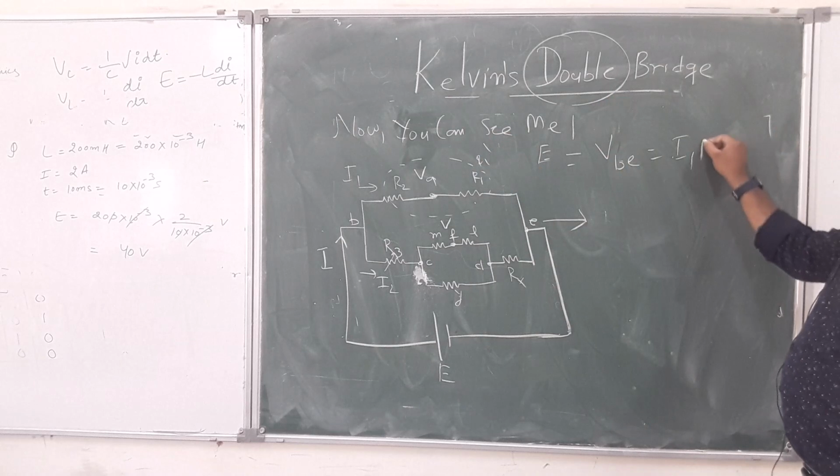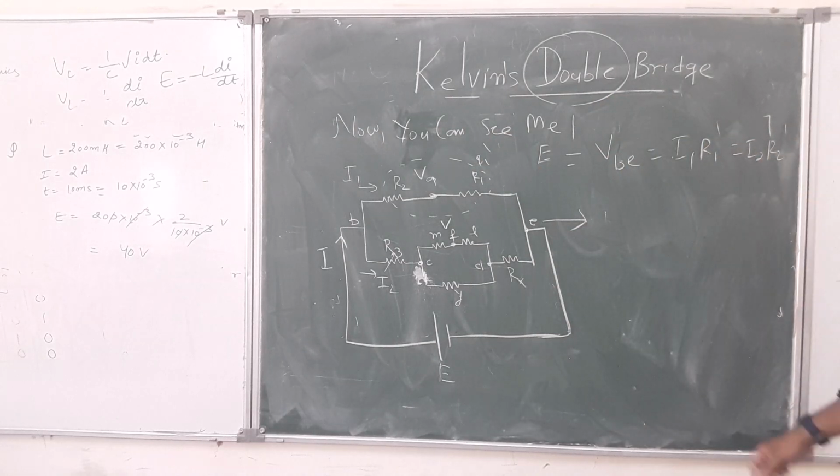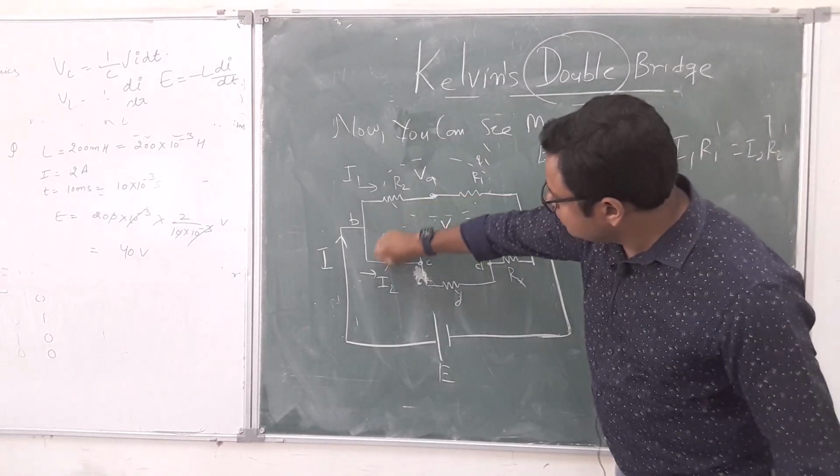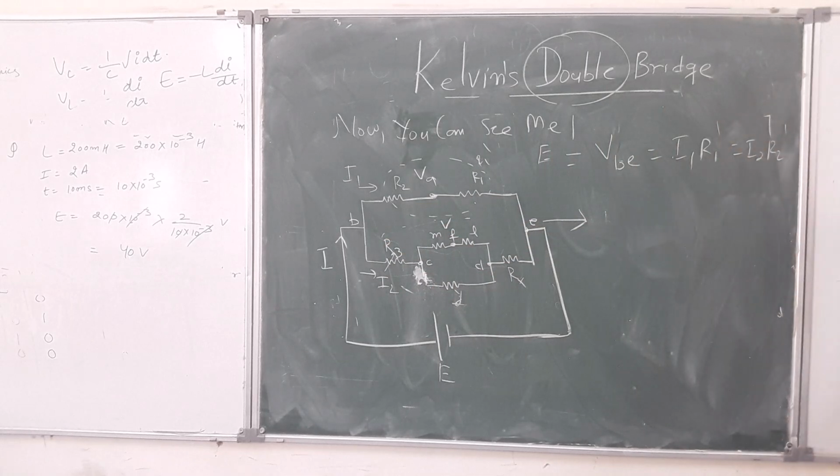So I1 R1 dash is I2 R2 dash. I am calling this R2 dash for the time being because there is less space. If there is more space, I will write it.